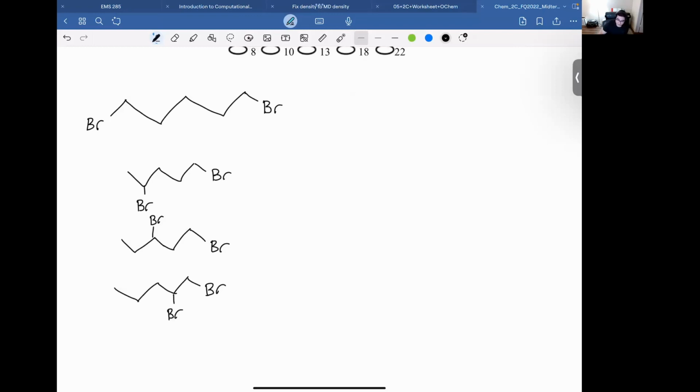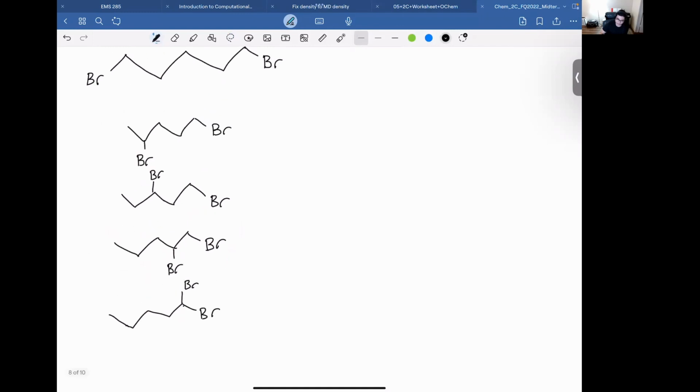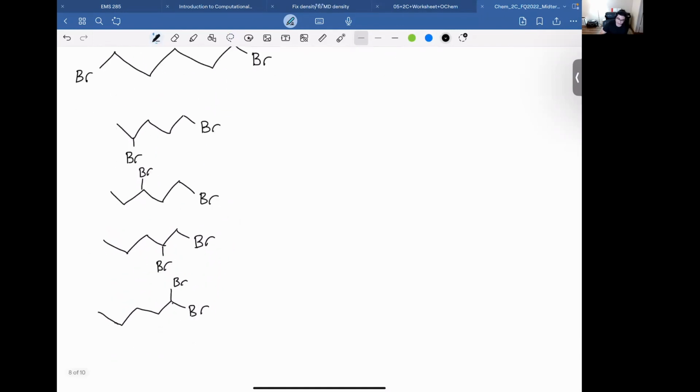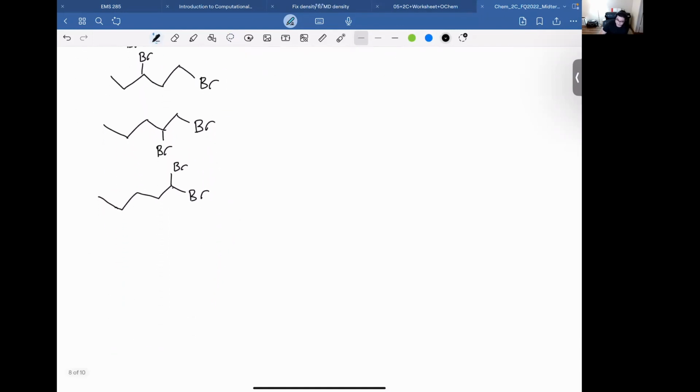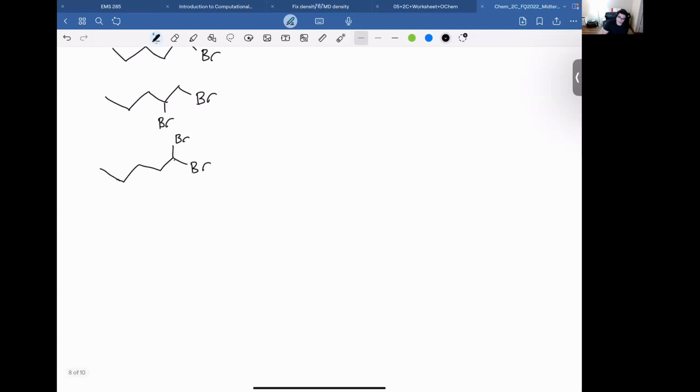Another one I can think of is if we keep following this, there's still one more. I can stick bromine on the same carbon like that. So far we have 1, 2, 3, 4, 5. And then I would actually just do this for all of them and then see which ones are the same structure.